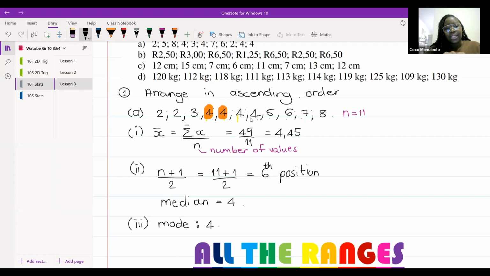Like, let's say they give you 50 data points, it's going to take you forever to cancel. Do you understand what I mean, Zipo? So if we know how many values we have, it's a lot easier to count to the end and find the midpoint. Am I making sense? Yeah, you're making sense.